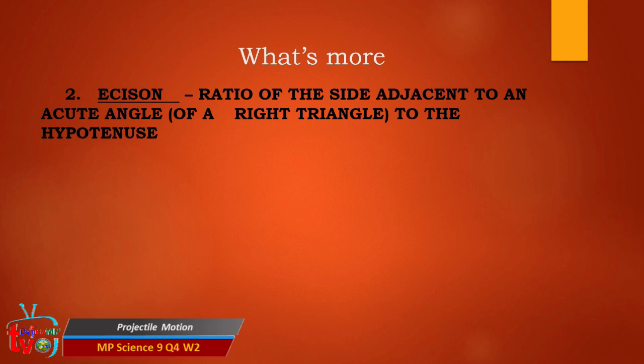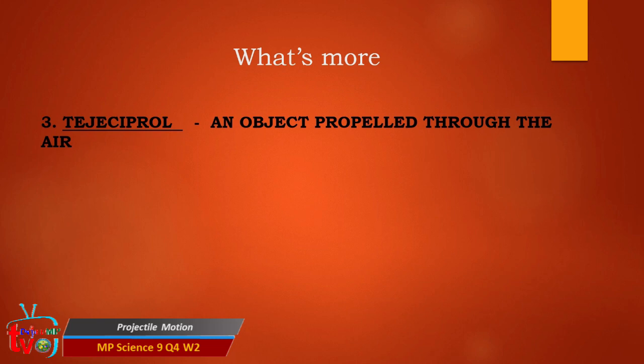Number 2. The ratio of the side adjacent to an acute angle of a right triangle to the hypotenuse. And the right word is cosine. Number 3. An object propelled through the air. And the answer is projectile.